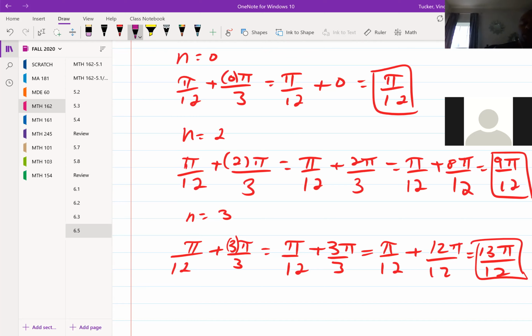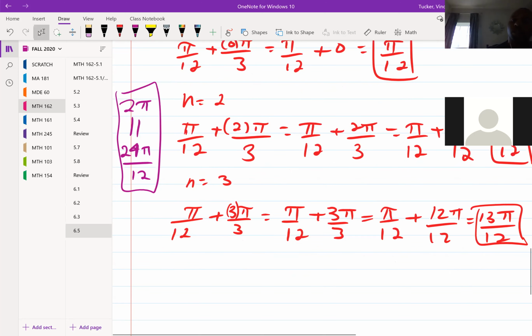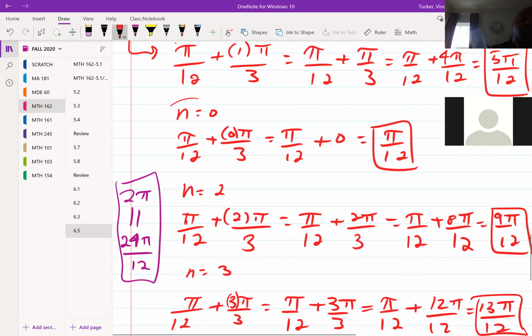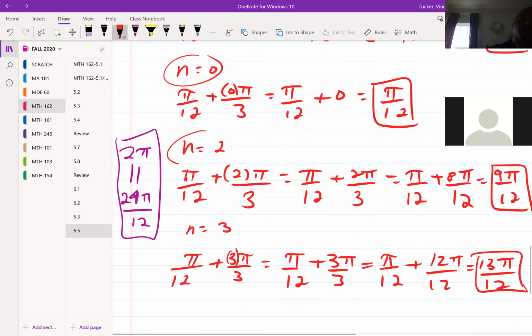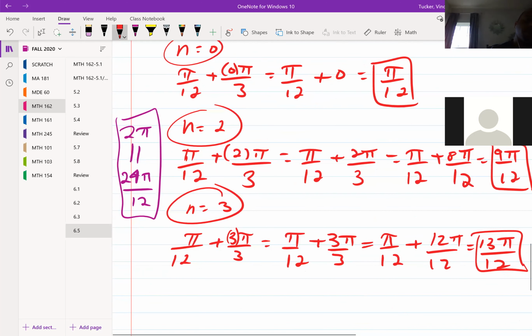Remember 2 pi is the marker. 2 pi is the same thing as 24 pi over 12. So once that top number goes past 24, then it's not a valid solution for this interval. So that's n equal to 3. We did 1, 0, 2, 3. I think it's only a few more.